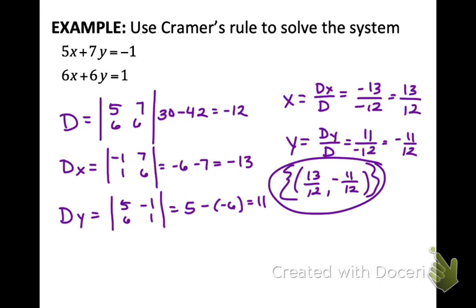The nice thing about Cramer's rule is when you end up with fraction answers, you only have to deal with the fractions until the very end. Unlike if you were doing it with inverses, then you'd be dealing with those fractions all within your row operations, right? Well, no, you're going to have to do all the methods. That's the purpose of this chapter. Can you do all the methods?